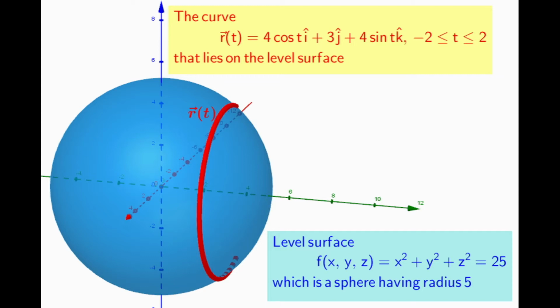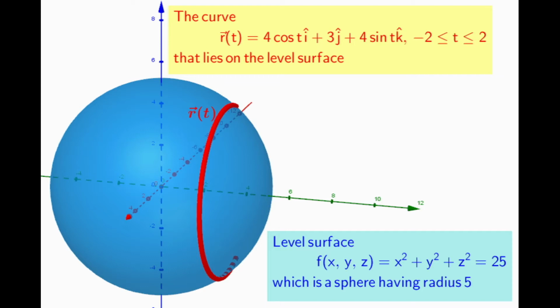Graph of the vector valued function r(t) = 4 cos t i + 3j + 4 sin t k, where -2 ≤ t ≤ 2, is the curve shown in the figure, the red curve that lies on the sphere.